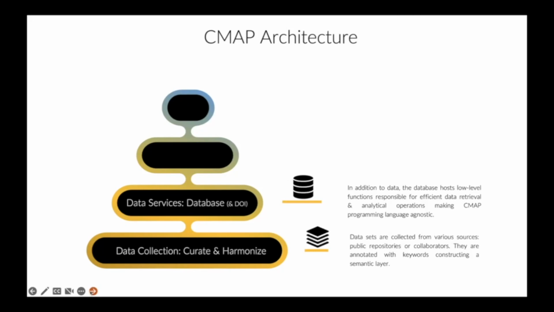The database is the key component of our architecture because obviously it holds data, but it also holds certain important functions that are responsible for low-level and efficient data operations, things like efficient query, like search, or data slicing, or analytics like aggregation. Because these functions are written in a low-level language and embedded into the database layer, any programming language can invoke these functions and get the data back. In that sense, CMAP is programming language agnostic.